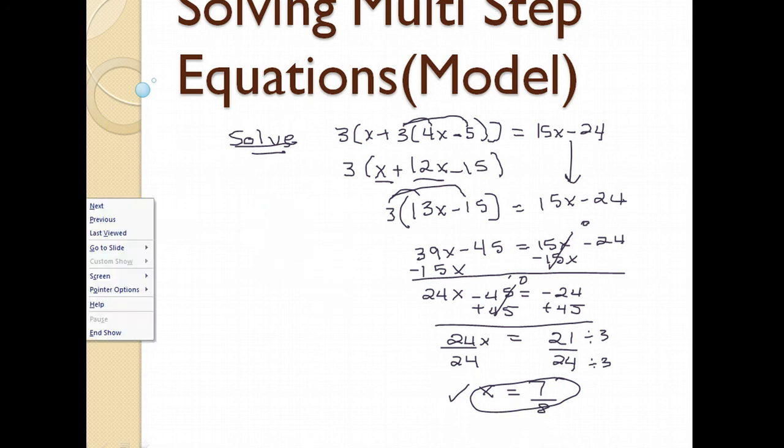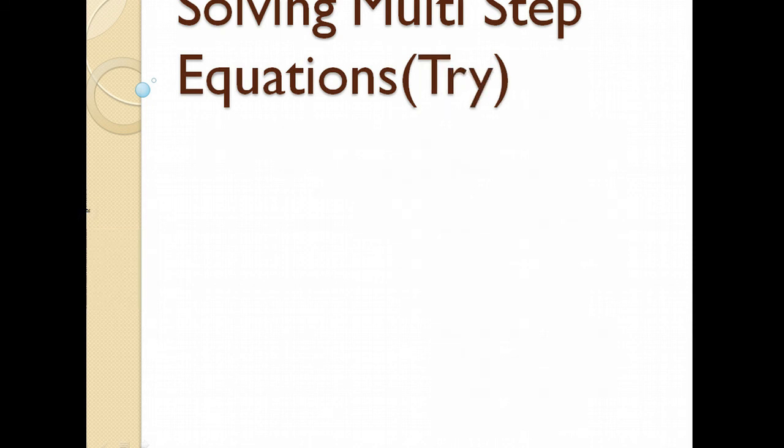Okay, so we're going to skip your try. Actually, you can try this one. Okay, take a minute to try this one. 1/3 x minus 2 is equal to, let's call that 1/5.